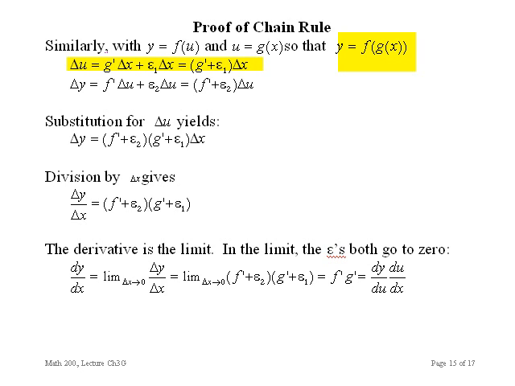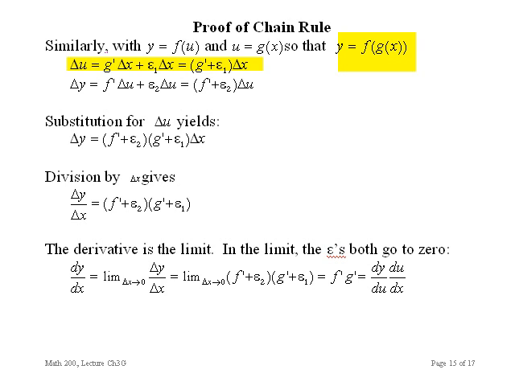So delta u over delta x would be the slope of the secant line. G prime is the actual derivative. Epsilon 1 is the measure of the error. So I can write delta u equals g prime delta x plus epsilon 1 times delta x.